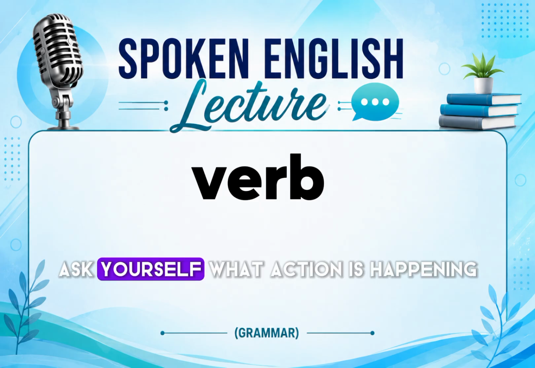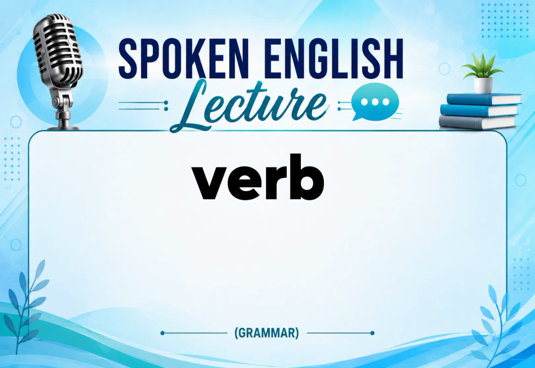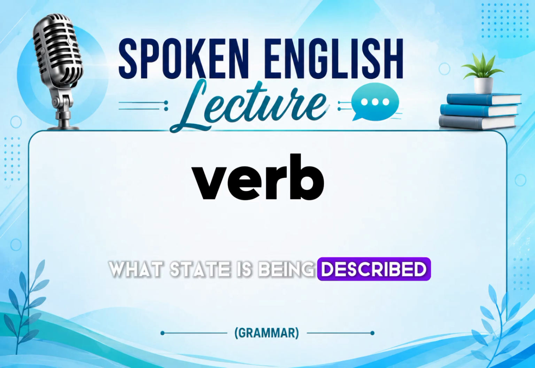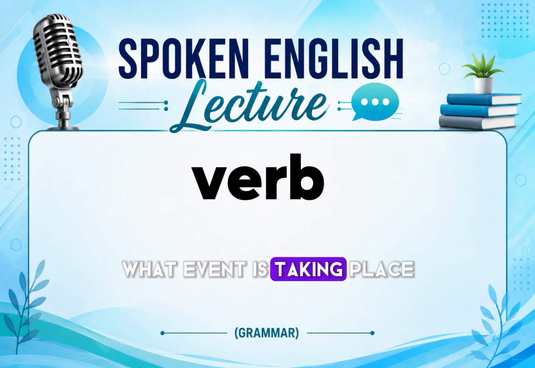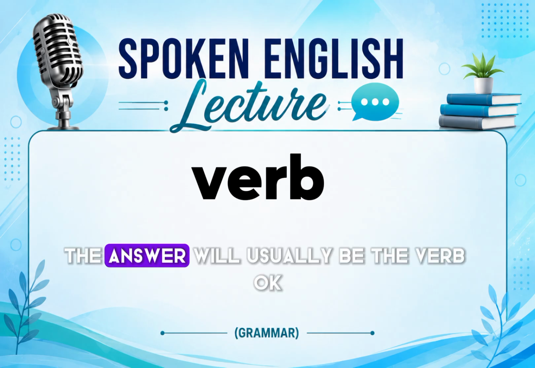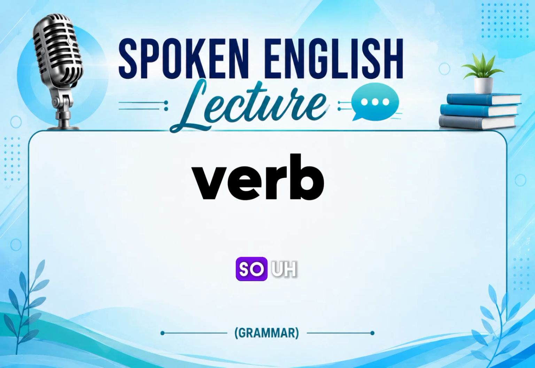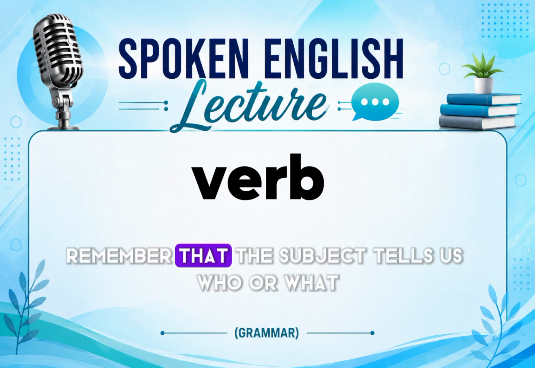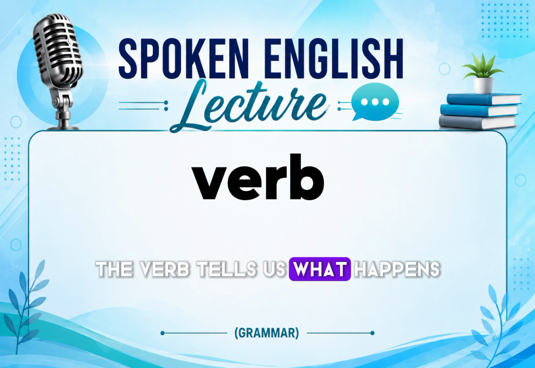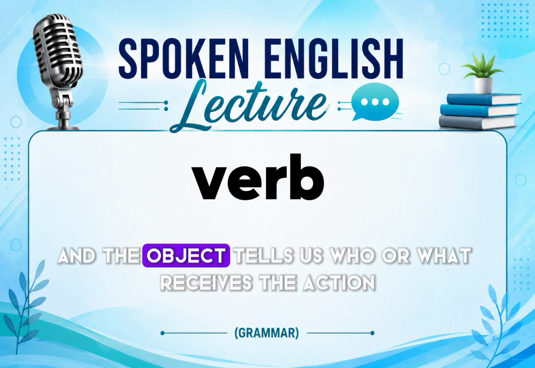Ask yourself what action is happening, what state is being described, what event is taking place. The answer will usually be the verb. So remember that the subject tells us who or what, the verb tells us what happens, and the object tells us who or what receives the action.